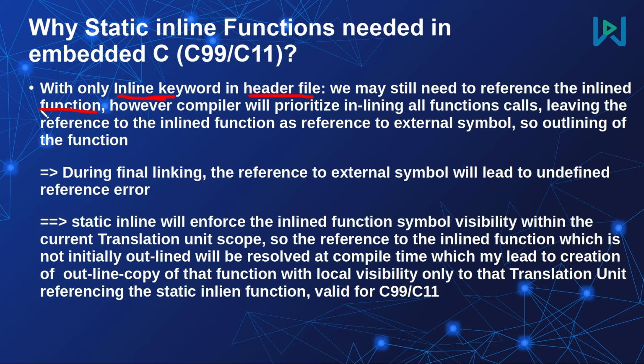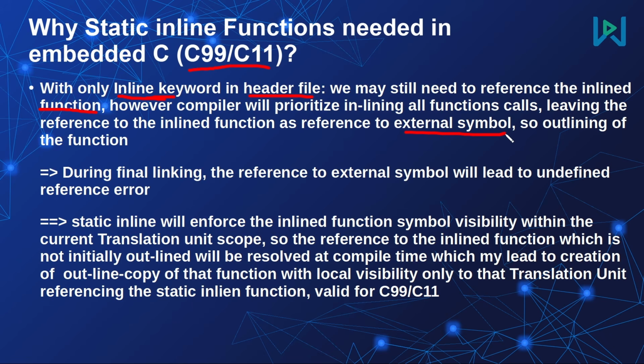In such a case, we may fall into the same use case as the GNU89 style. However, the behavior of the compiler will be different if we are in the C99 or C11 standard. Here, the compiler will not make an outlined copy of the function within the translation unit. Actually, it will make it an external reference or external symbol dependency.